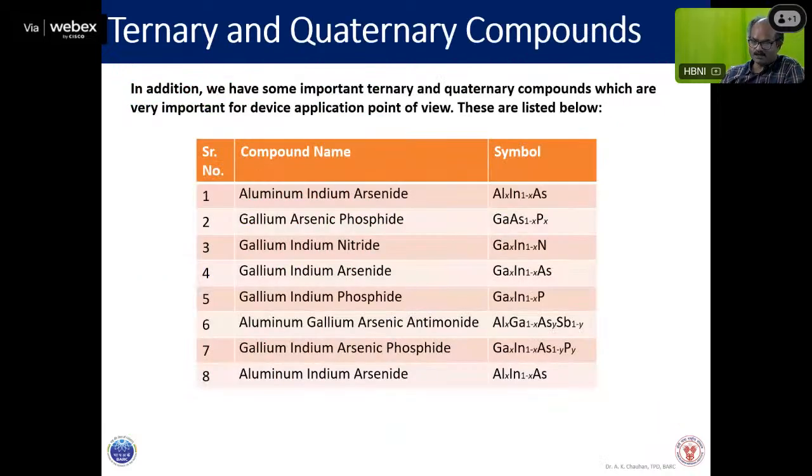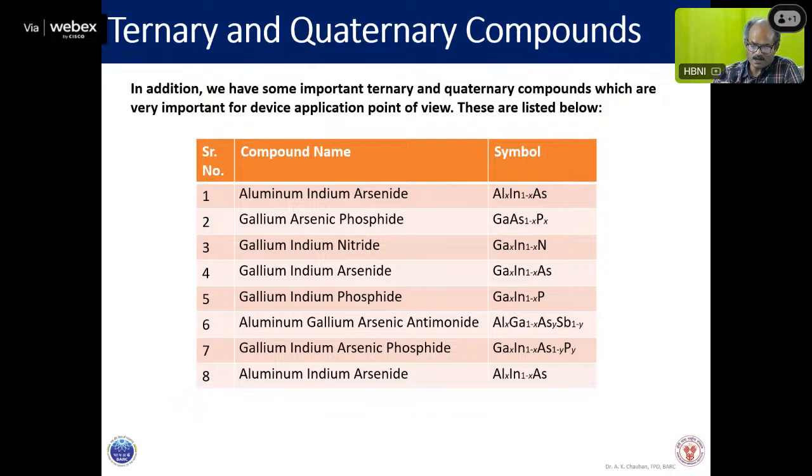Then come ternary and quaternary compounds. In addition to the earlier compounds, we have some important ternary and quaternary compounds which are very important from the device application point of view. These are also semiconducting. So far we have covered almost all semiconducting materials, in whatever devices they are used.